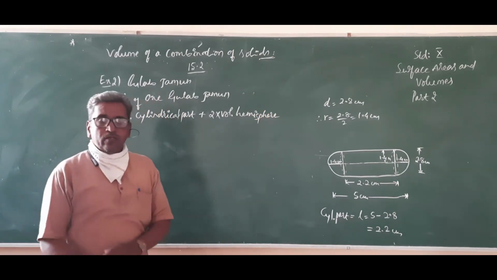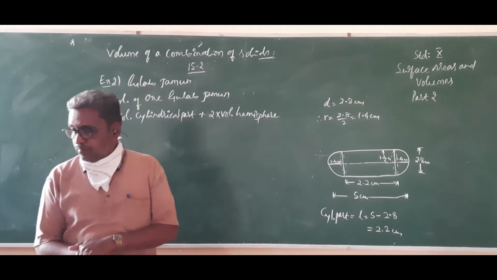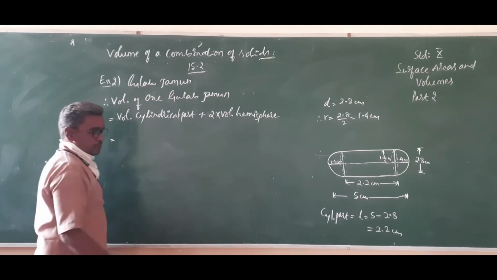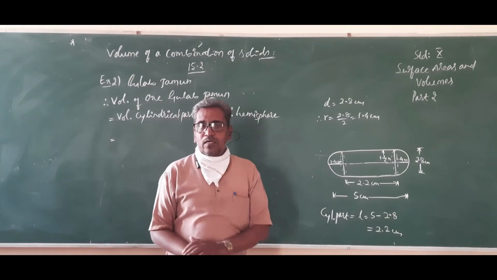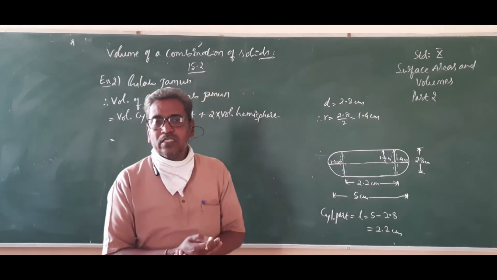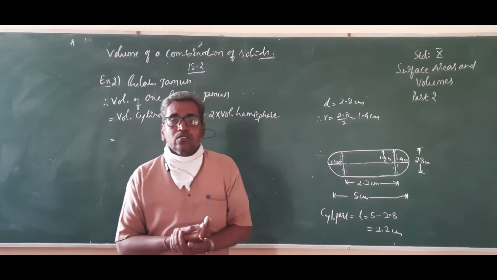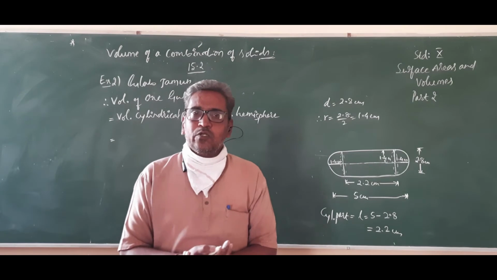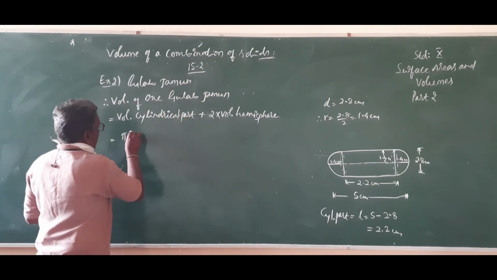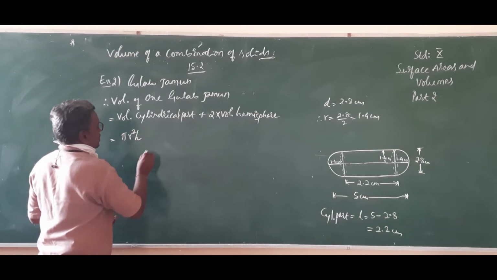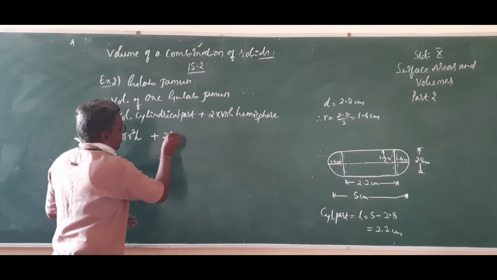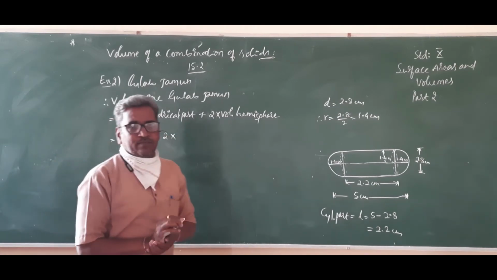Volume of the cylinder is area of base into height. Area of base is a circle, so pi r square into h, plus 2 into the volume of a hemisphere.